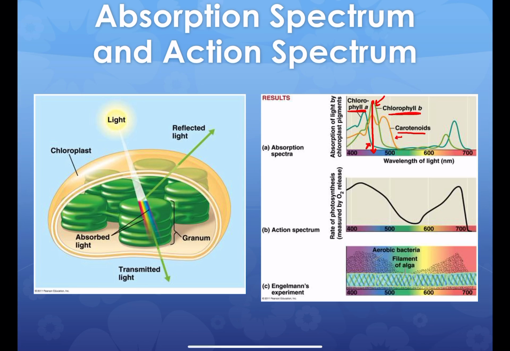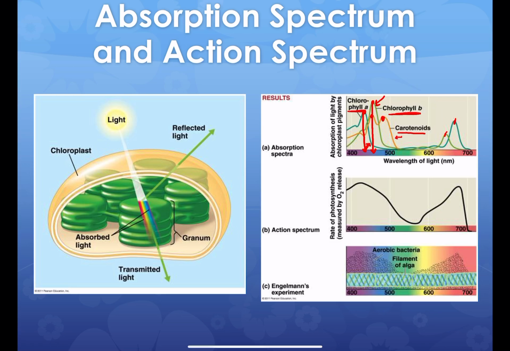Chlorophyll A is going to absorb best right here, which is maybe 430 or so nanometers. The carotenoids are going to have their best absorption here, but then you also have some more absorption from these chlorophylls at the higher wavelengths.